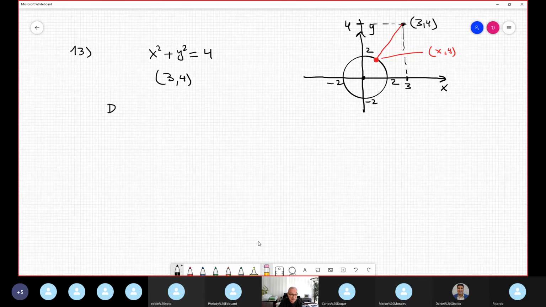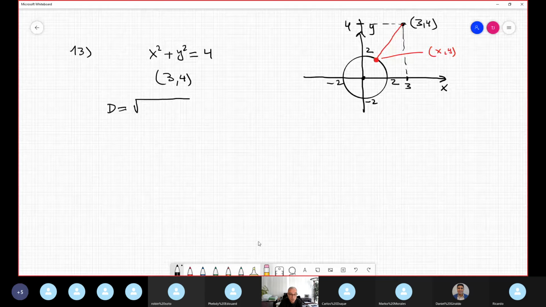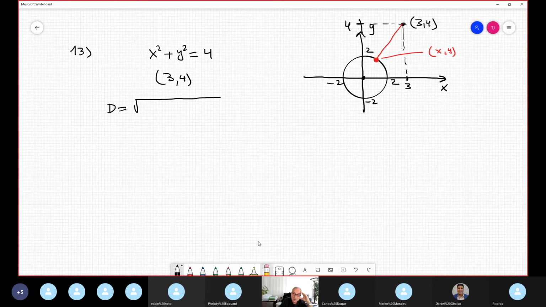So the distance is the square root of the subtraction of the x components, 3 minus x or x minus 3, it doesn't matter the order because it's squared, plus y minus 4, squared. This is the distance formula. This is the equation that represents the distance, the famous distance I want to minimize.